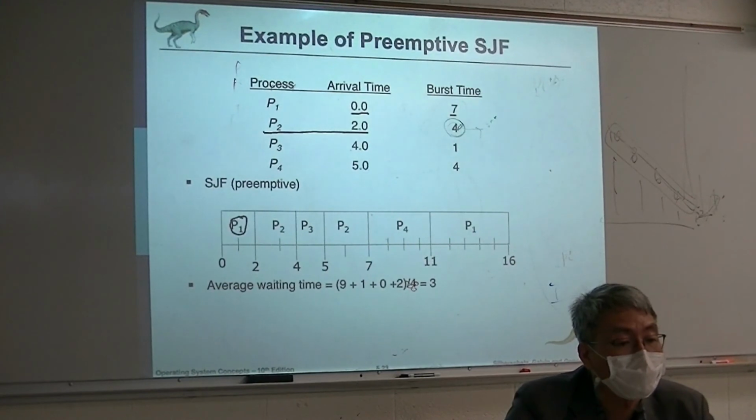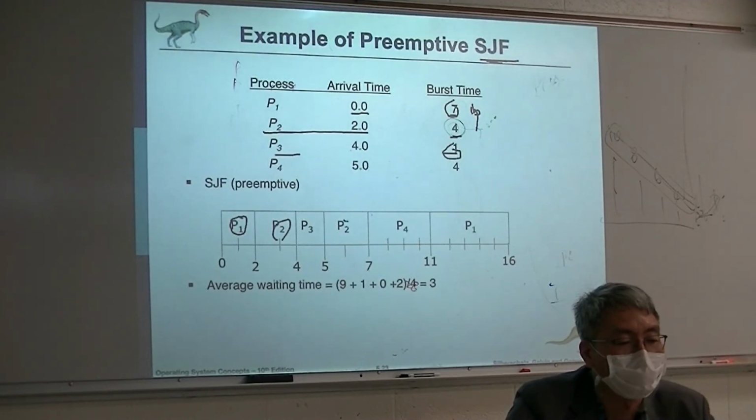At this time, what is the remaining job? 5. But we do not use such a remaining job. It's still 7. Okay? So which one will be selected? P2 will be selected. And at the time P3 arrives, its CPU burst time is 1, so obviously this one will be selected.